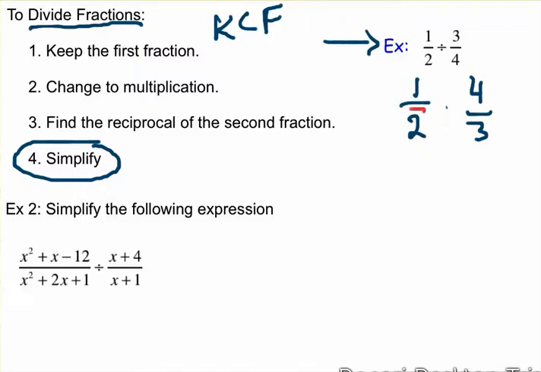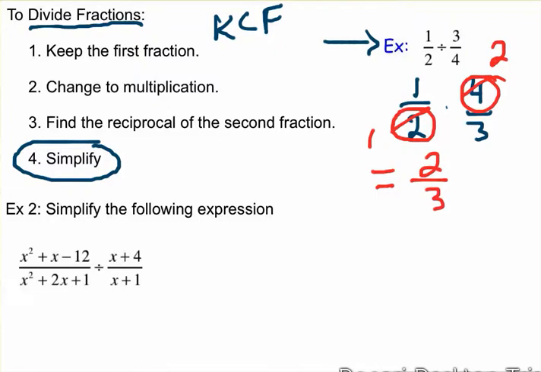However, you might notice that 2 and 4 do have a common prime factor. 2 is its own prime factor, and 4 has 2 prime factors, 2 and 2. So they can both simplify to 1 and 2. And then that's all that can simplify, so whatever's left is what you multiply, and you get 2/3.